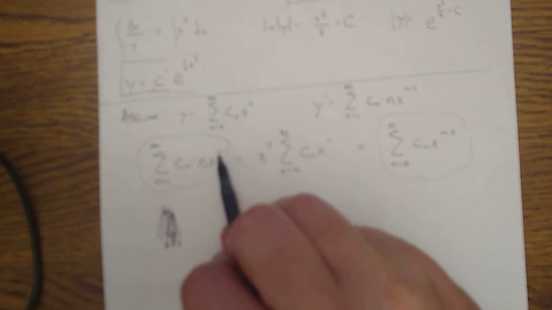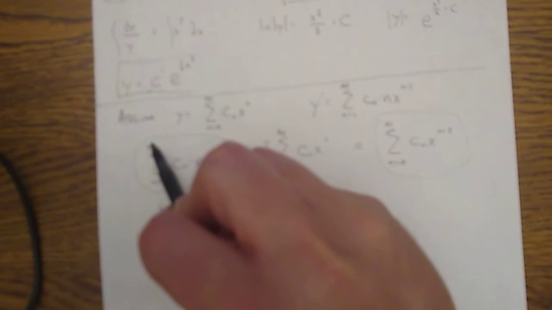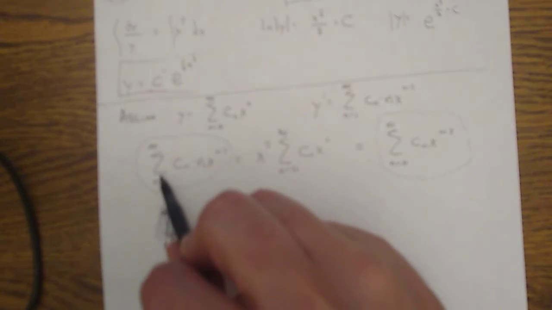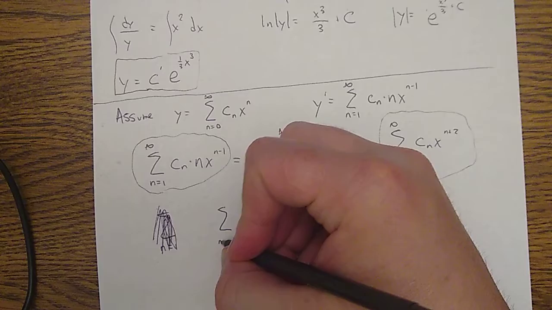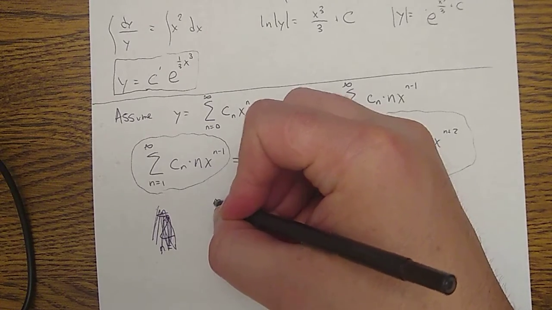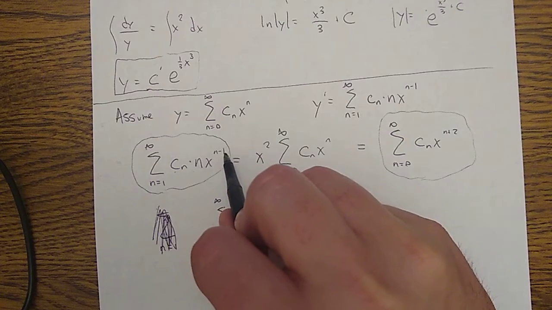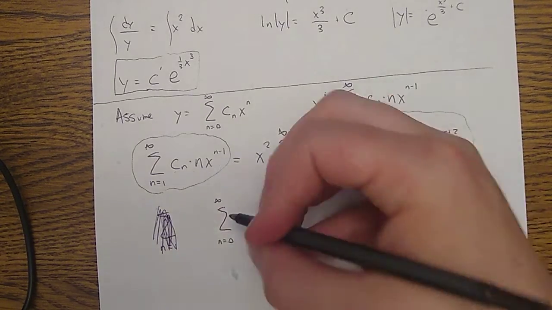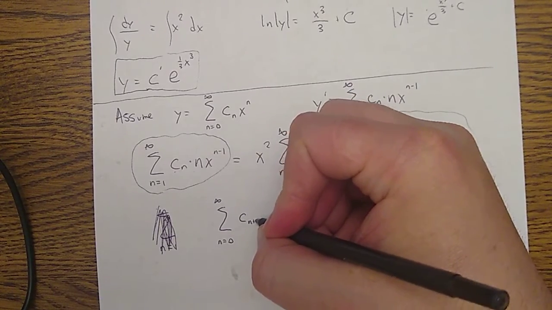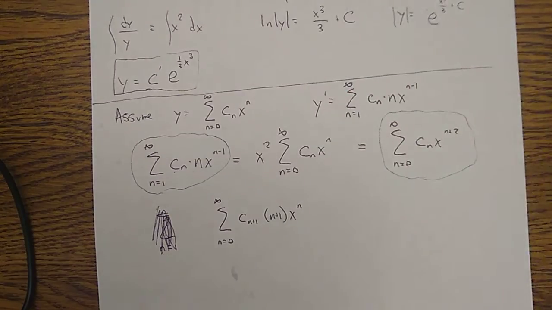So if I need this n to be bumped up by 1, what I do is I bump down the indices by 1. So now n will go from 0 to infinity, and all of these n's get replaced with n plus 1s, so this n minus 1 just becomes an n. So this is now c sub n plus 1 times n plus 1 times x to the n.